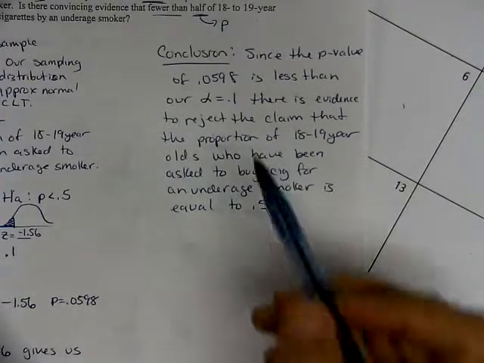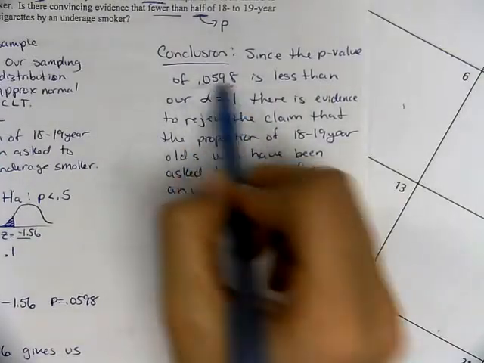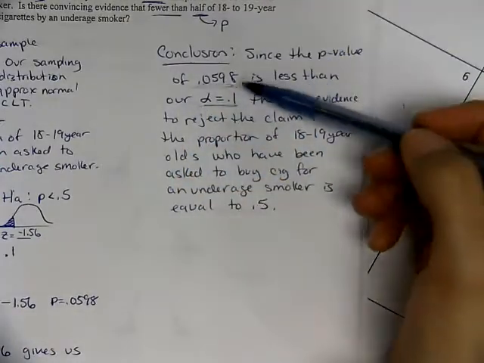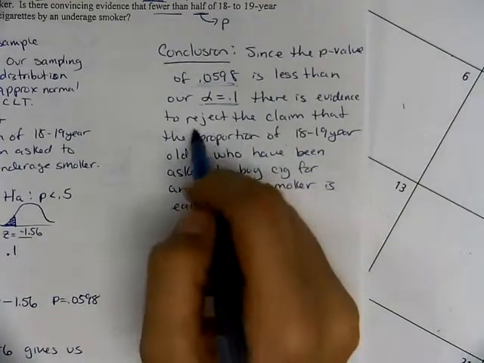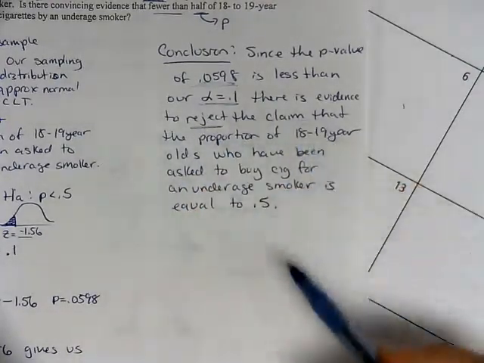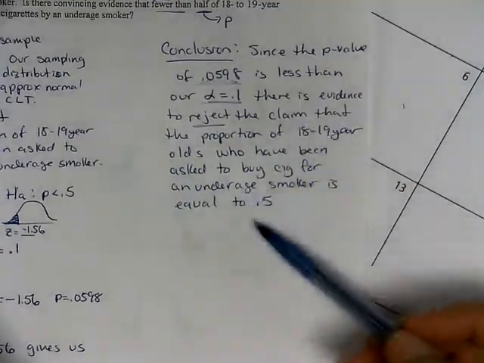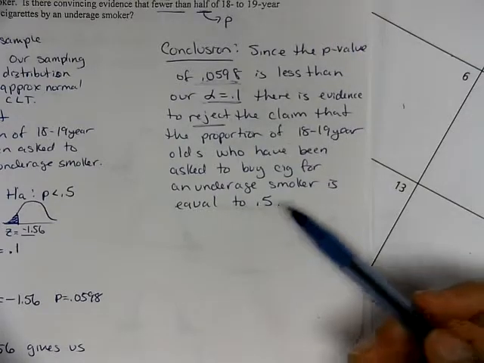So what I'm looking for is, do you reference your p-value, the alpha, this one's less than that one. I'm rejecting the claim, and then I use my condition 4 to help fill in the sentence.